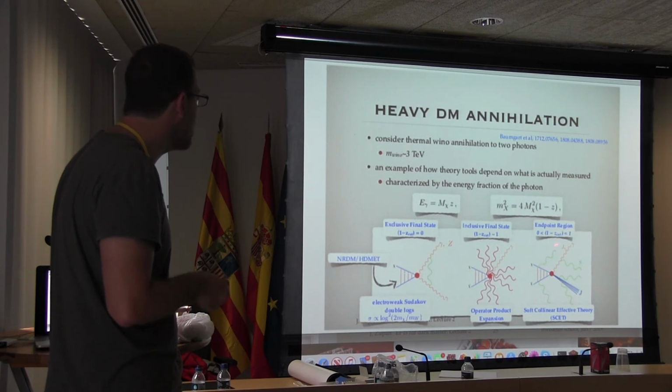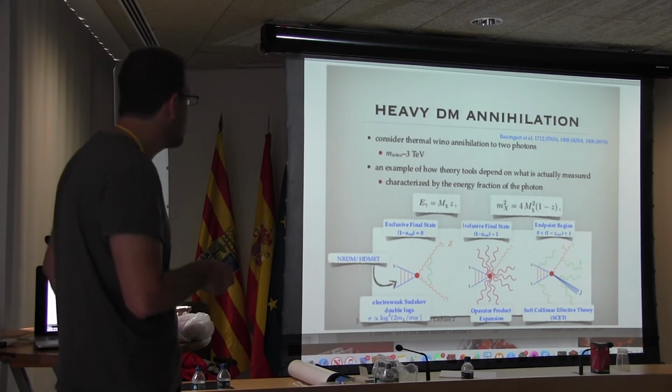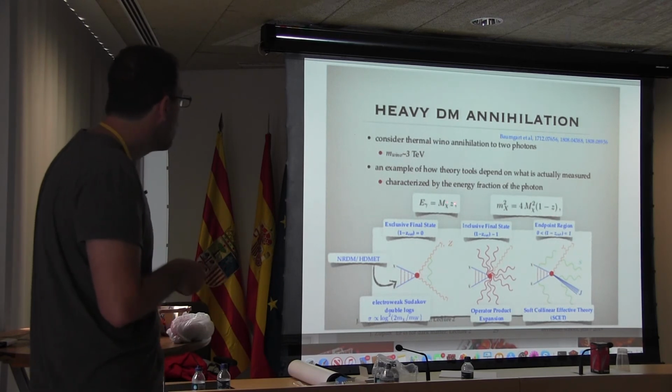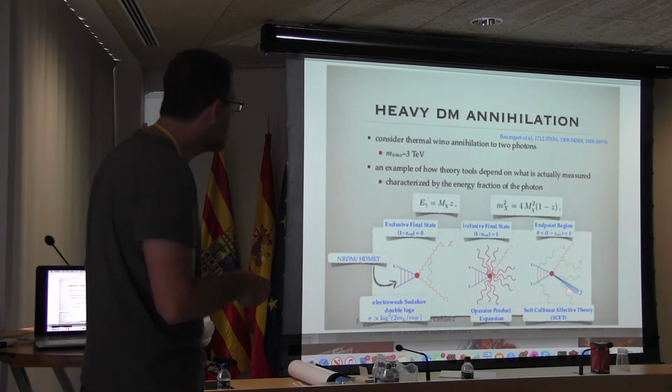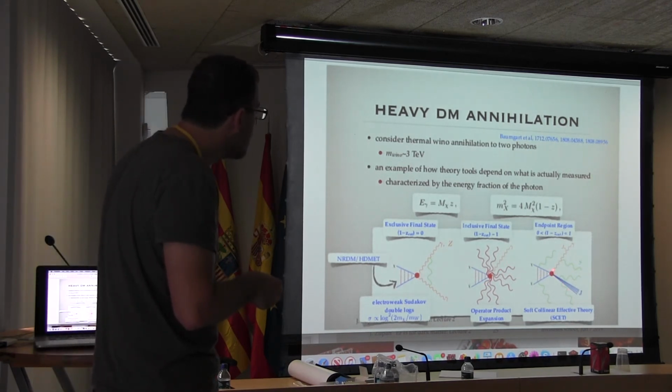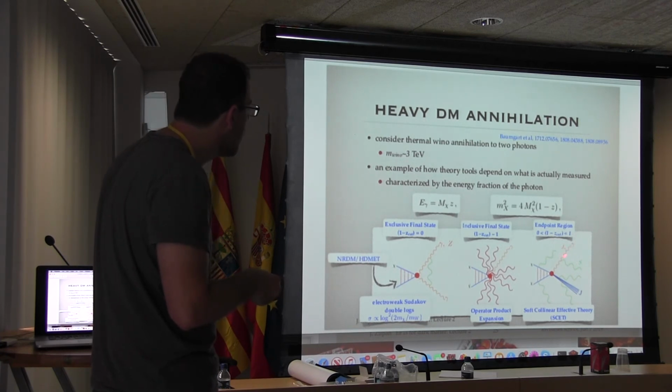And then there's the third one, which is the most complicated. So now let's look also at this formula. So this Z variable, you can also write it in a different way. Instead of the photon energy, I can ask about the mass of this stuff in the final state, which is not a photon. So in this case, there is this jet of the photon you can barely see. It's called the photon jet.